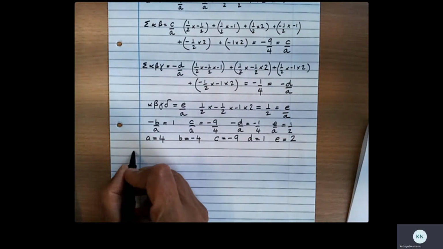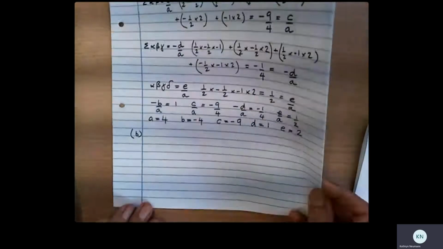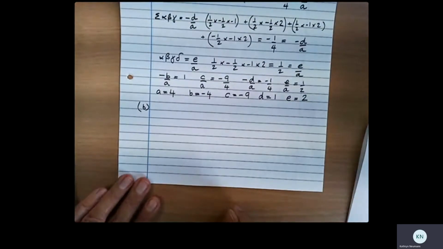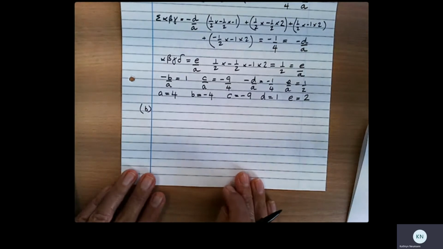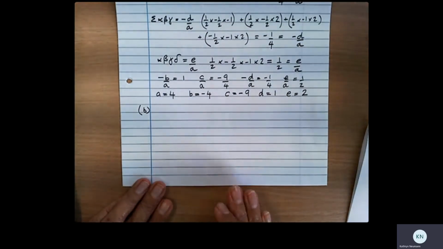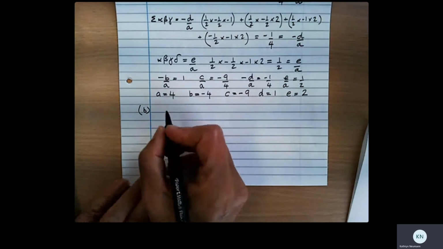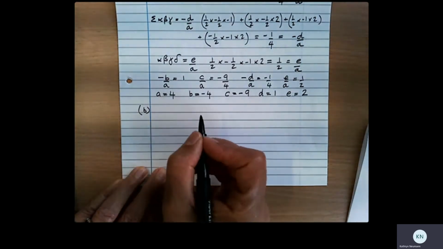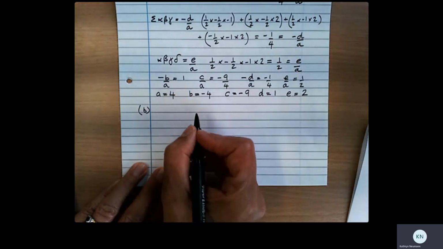Part b of this question asks you to find a different equation with roots 1 over alpha, 1 over beta, 1 over gamma, and 1 over delta. So the technique used for finding a new equation that has roots related to the first equation is to say, well, my new equation is going to be an equation in w.